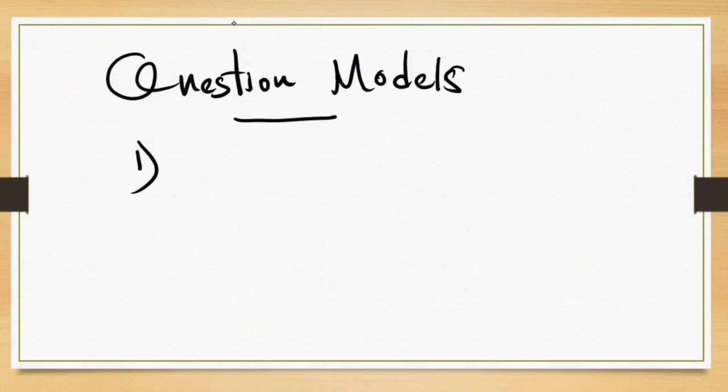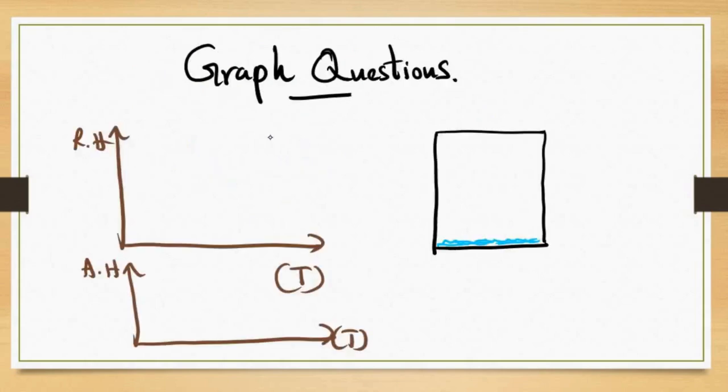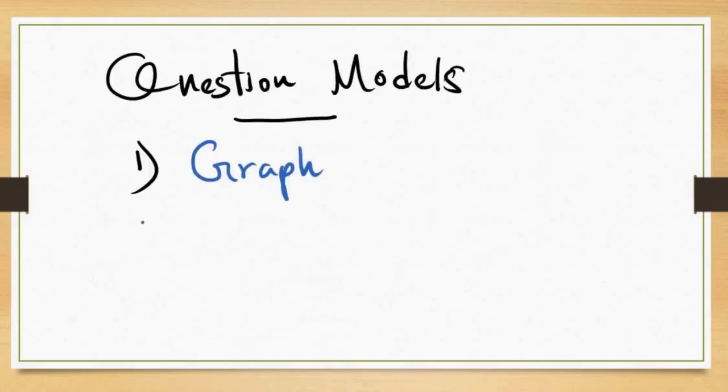The first question model is the graph. We get a graph to analyze, showing variations, such as an absolute humidity or relative humidity graph. We have to analyze that and find the answer. The second model is from statements. We get five statements, and out of those we have to find the correct, or true, answer.